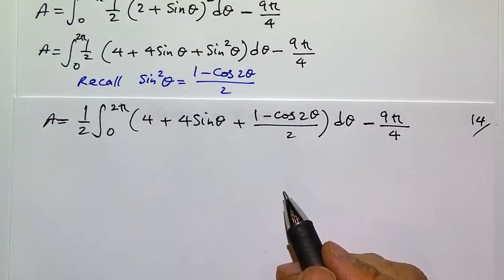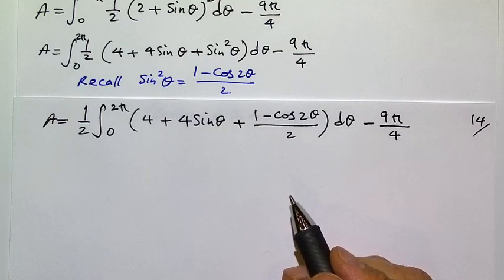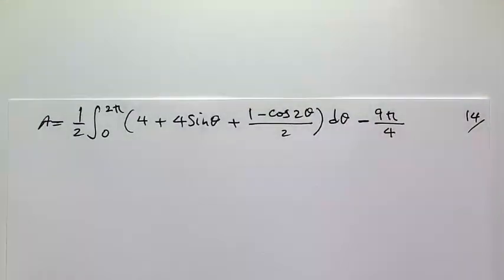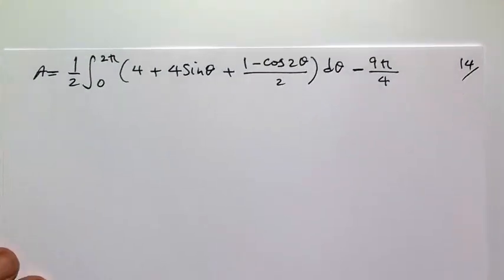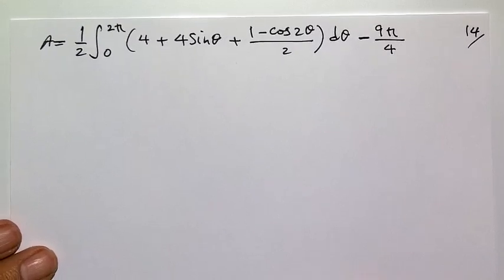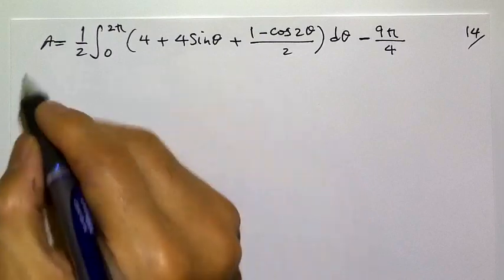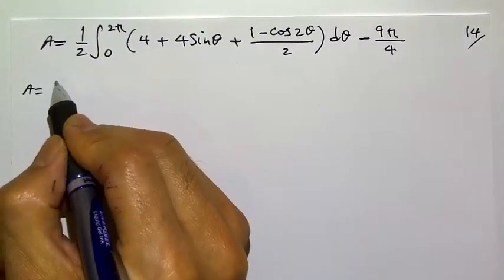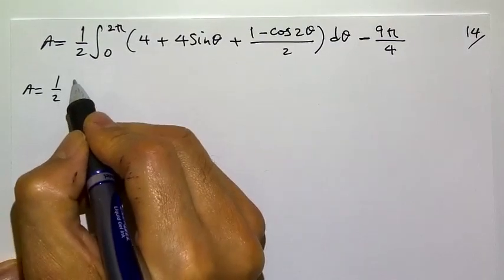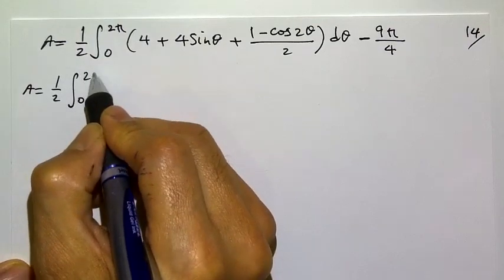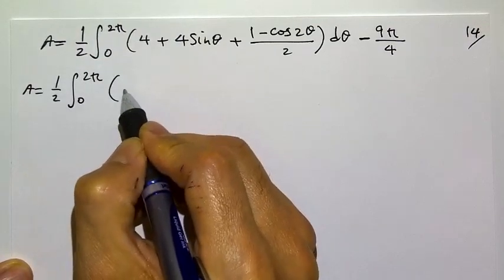Okay, so we'll continue with this. So we have 1/2 integral from 0 to 2 pi.